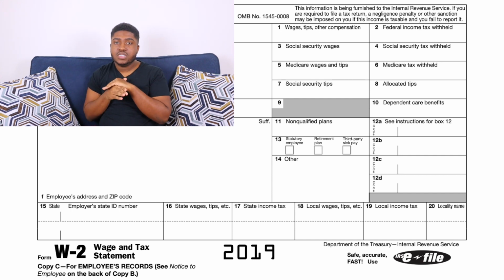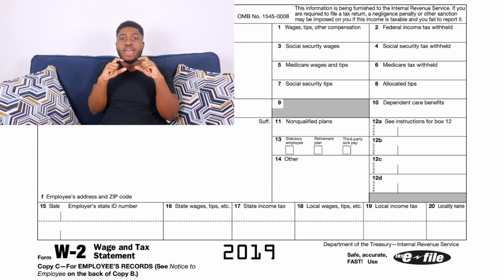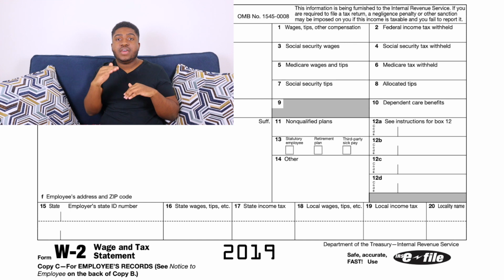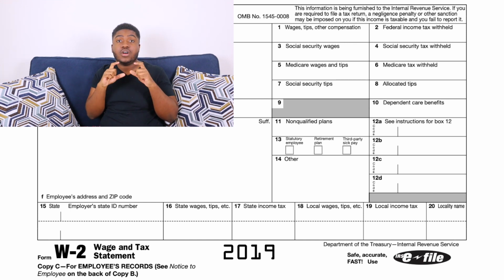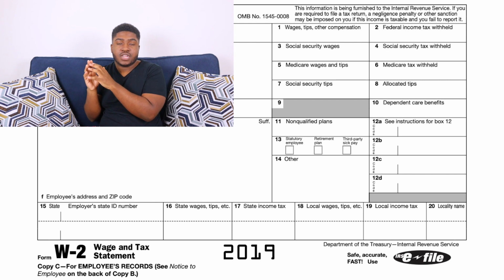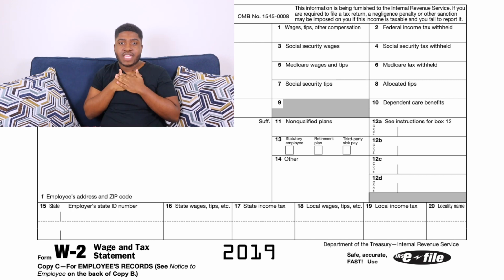Box 12. So for box 12, there's actually a box 12A, a box 12B, a box 12C, and a box 12D. In box 12A, you'll see that as the primary box number or identifier, and then below that you'll see a code, another letter, identifying what exactly is represented in that box. So in my case, box 12A has a C right below it.